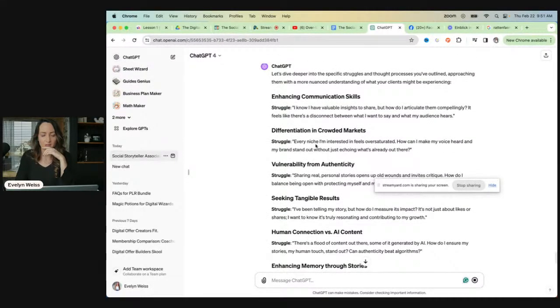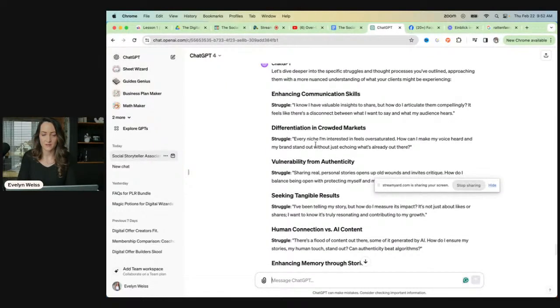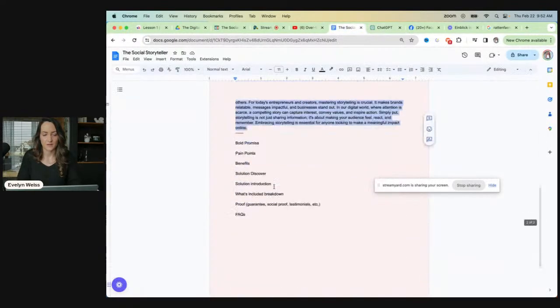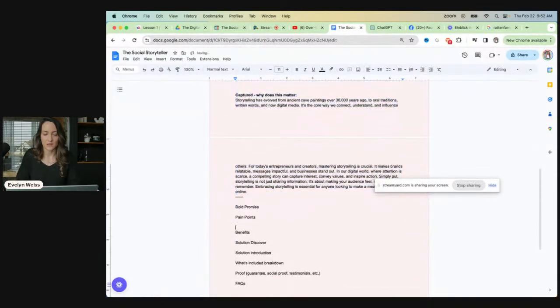Enhancing communication skills. I know I have valuable insight to share, but how do I articulate them compellingly? It feels like there's a disconnect between what I want to say and what my audience hears. That's good. That's in the right direction. Disconnect is big here. Okay, so I'm already now going into the pain point section. Disconnect.